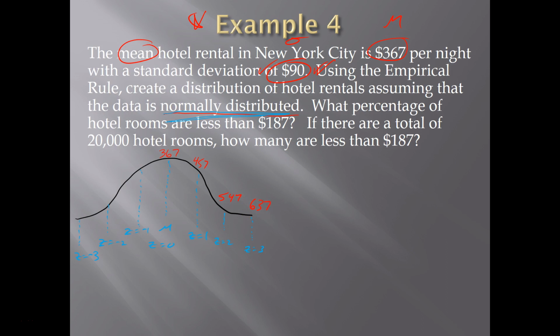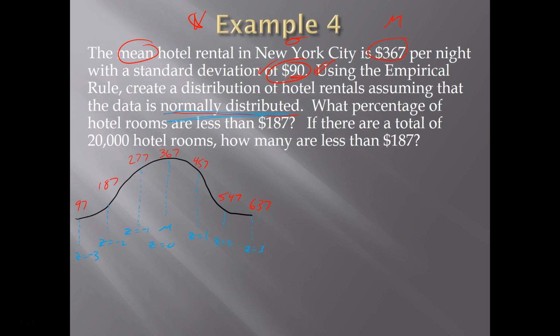Now let's go the other way. Z-scores of -1 means you're subtracting these standard deviations of 90. So let's subtract 90 here, and that's going to give me 277. Then subtract 90 again, that's going to give me 187, subtract 90 again, and that's going to give me 97.